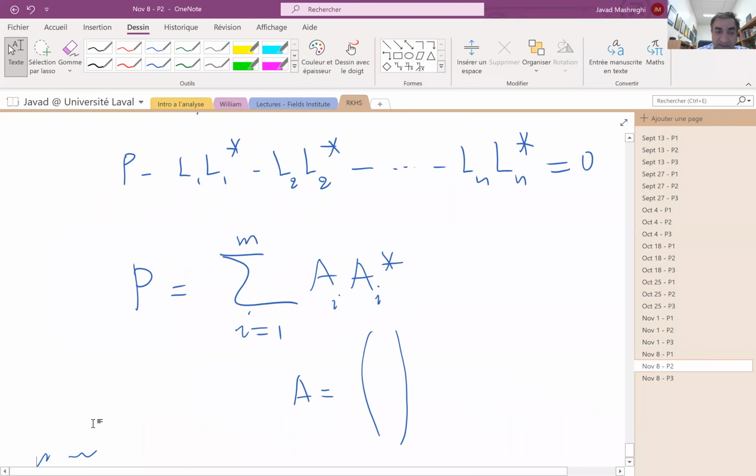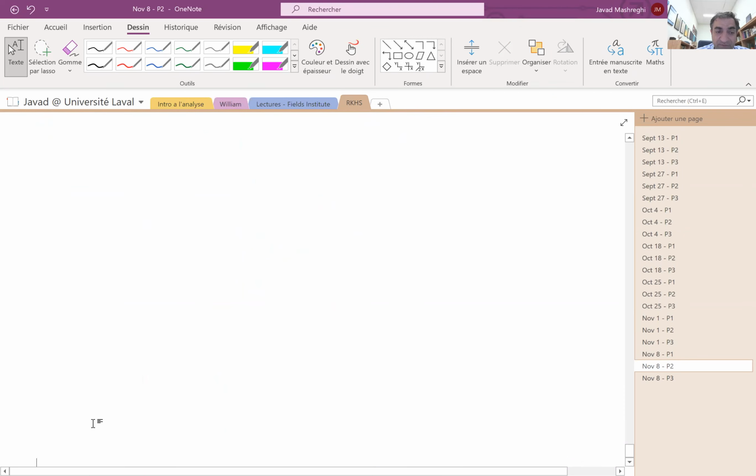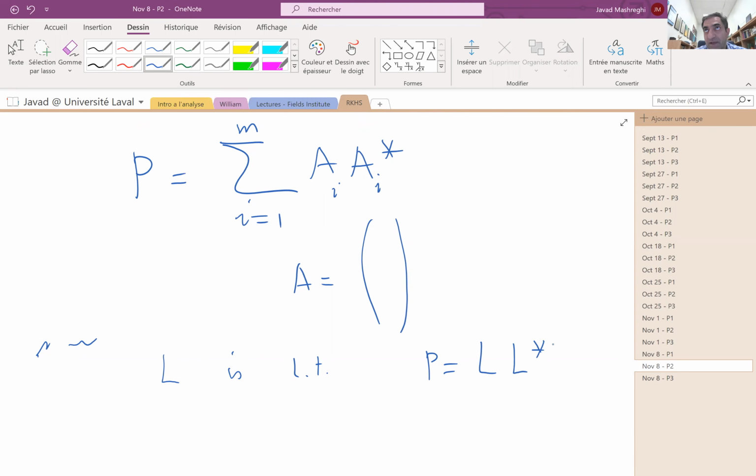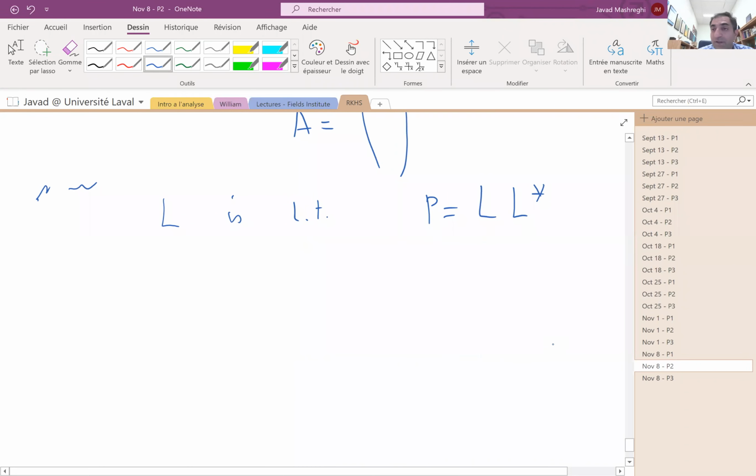And indeed, this information was provided before, but in a kind of disguised form, because when we say that L is lower triangular and P is equal to L L star, you remember at the beginning of this, we said that there are at least 3 or 4 interpretations for the product of two matrices. One of them is to consider the columns of the first one and the rows of the second one.